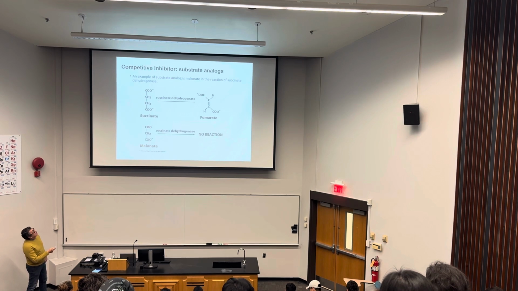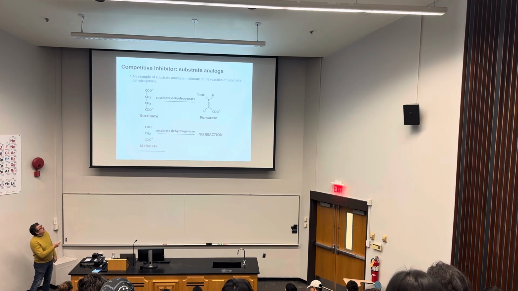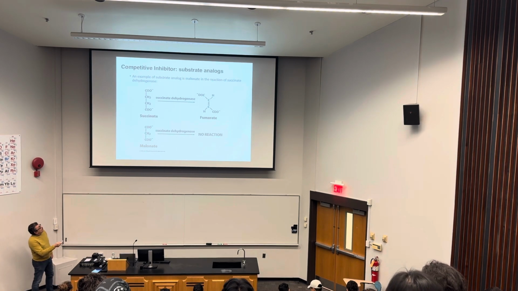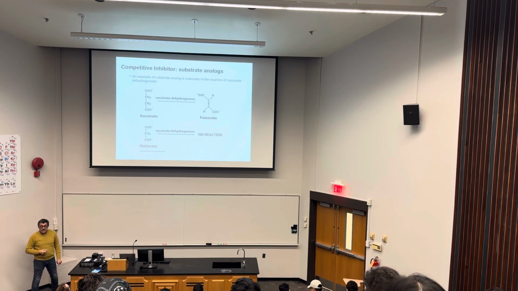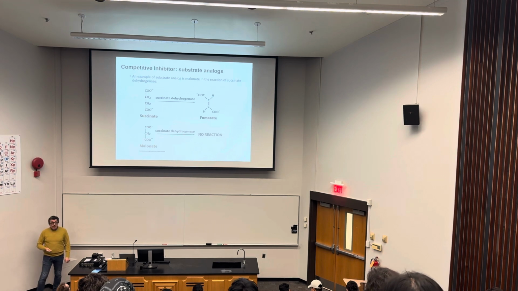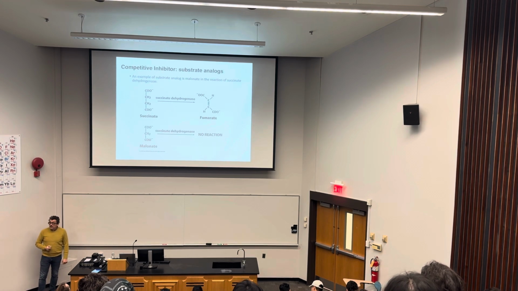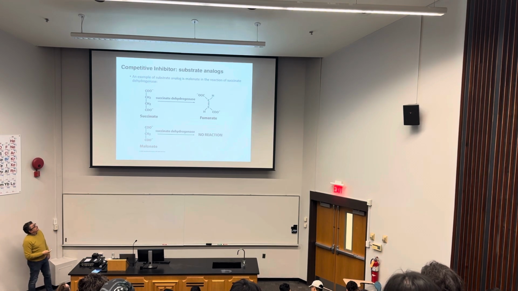So, an example that is happening in one of the most important steps of the citric acid cycle is the formation of fumarate from succinate. This reaction, succinate dehydrogenase, can be blocked by malonate, which mimics the substrate.